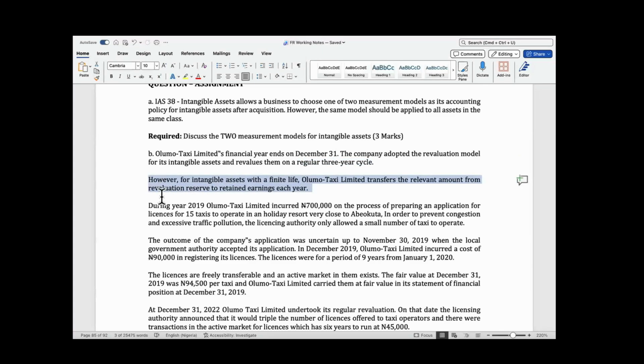Okay, none of you did this. Those of you that did calculate the evaluation surplus did not transfer it to retained earnings. And I taught you this in IAS 16. It applies here too. So that's their policy.